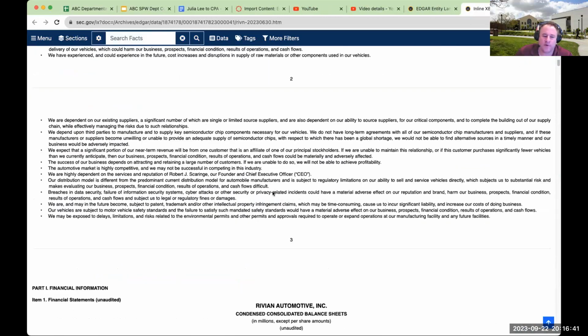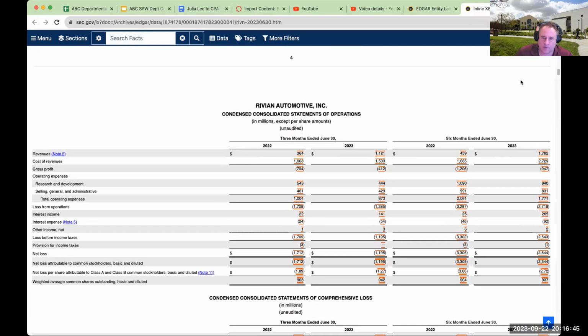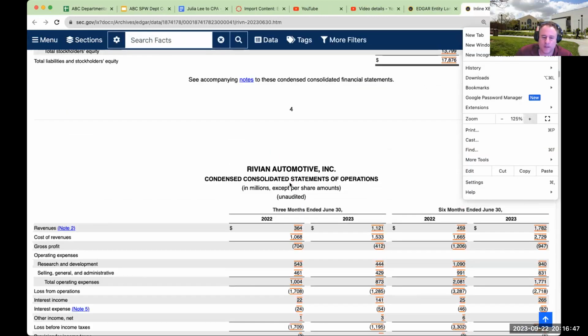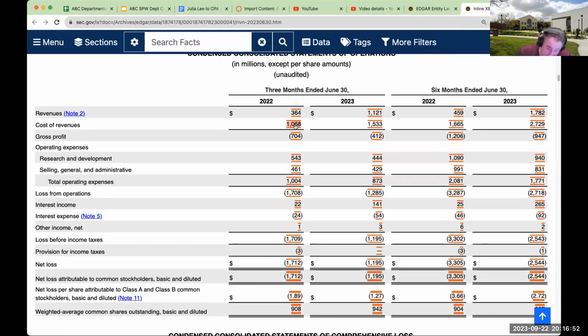Okay, so if I come down over here, we see that on their income statement, they do not have a gross profit. Rather, they are losing money when they are selling cars. Their losses are not as bad as they were, but they are still losing money on their vehicles.